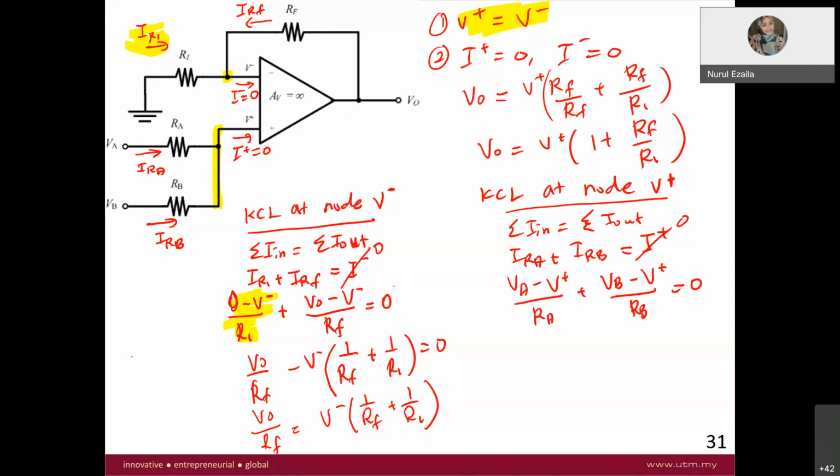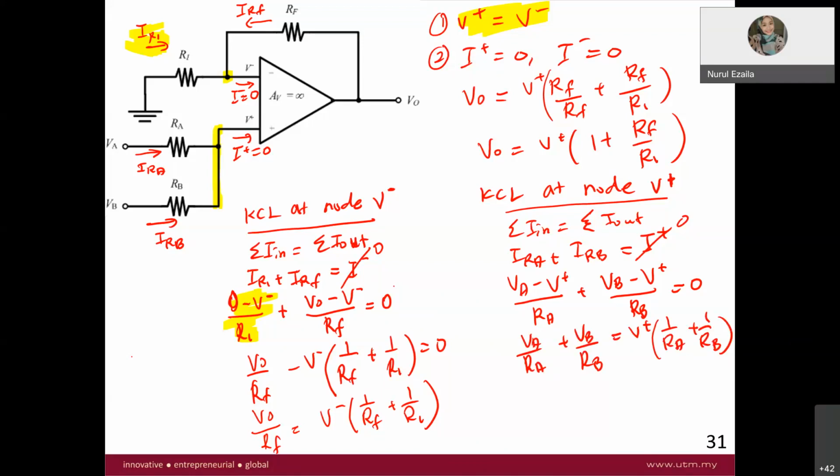From this equation you can simplify it. So VA over RA plus VB over RB is equal to V plus times, taking the other side, 1 over RA plus 1 over RB. Did you get the same thing over here?